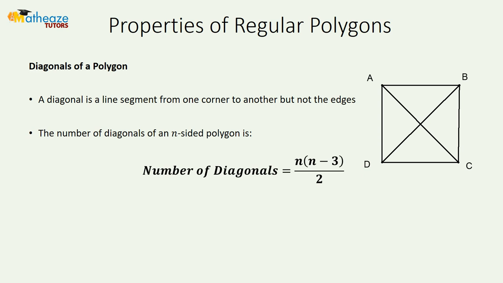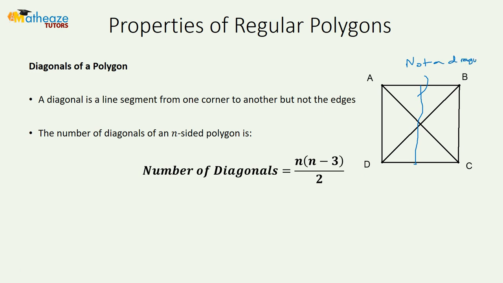A diagonal is a line segment from one corner to another corner of the polygon, but not the edges. For example, if we look at this square ABCD, the line from this side over to this side will not qualify as a diagonal. So this is not a diagonal.